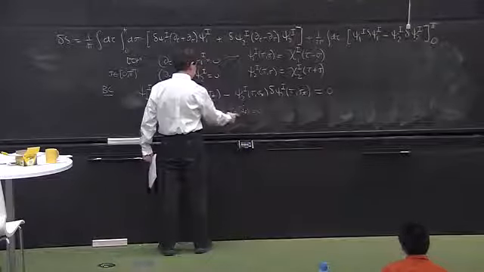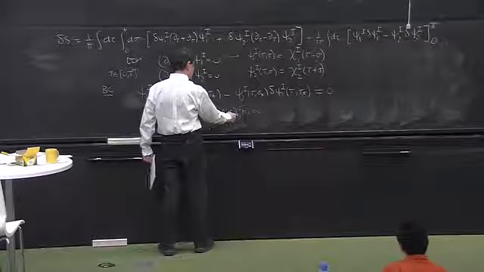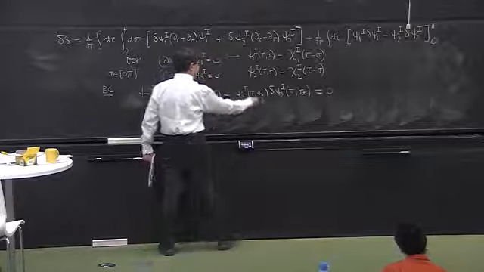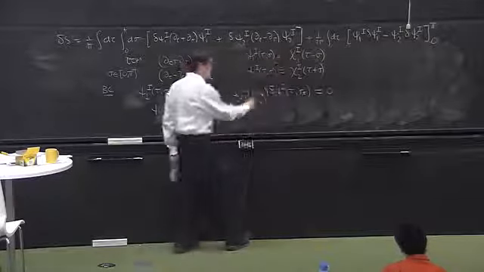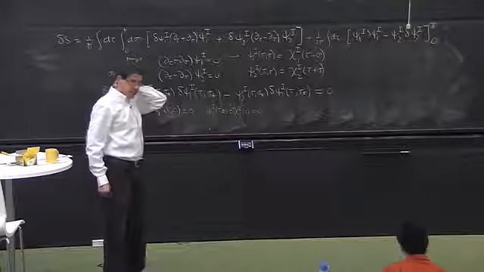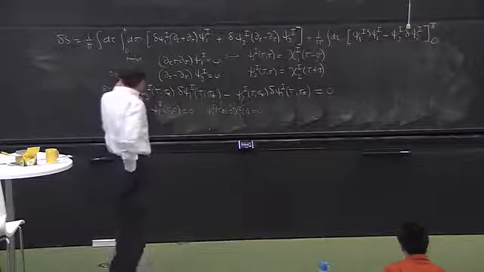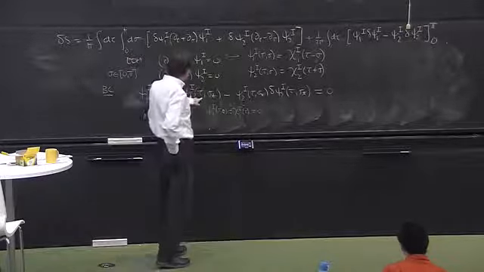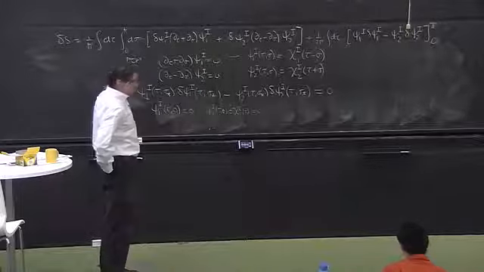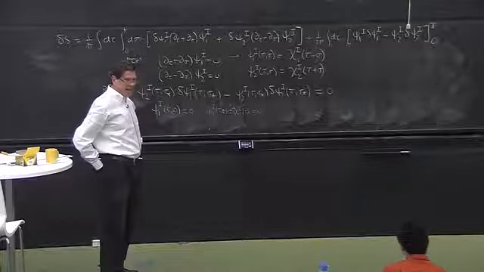So χ^I is 0 for all values of its argument, because τ runs over all values. So χ^I of u or v is 0. So this is 0, and the fermion is 0. So you make the fermion 0 at one point, you make it 0 everywhere. Not good. Similar with this thing, if you try to make this 0. So we're in trouble.